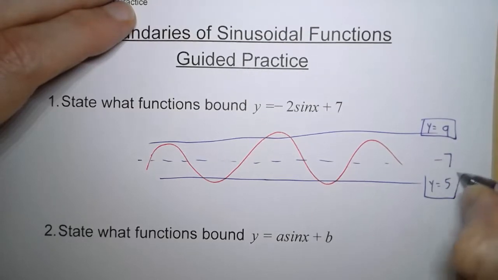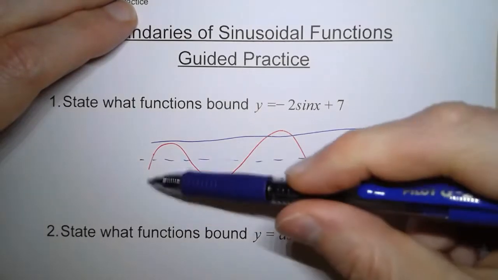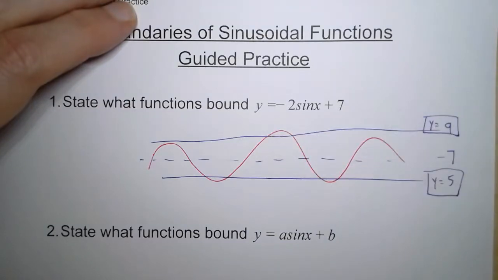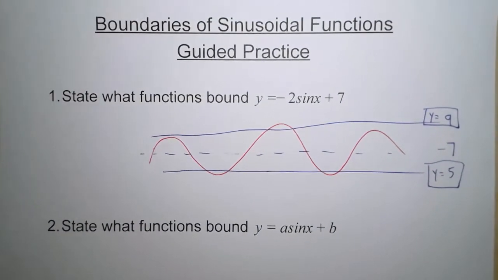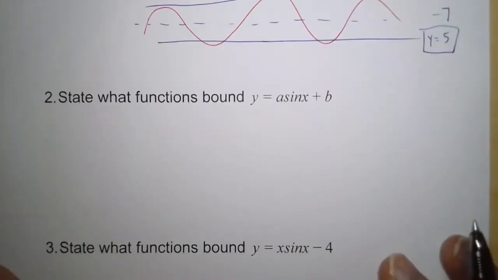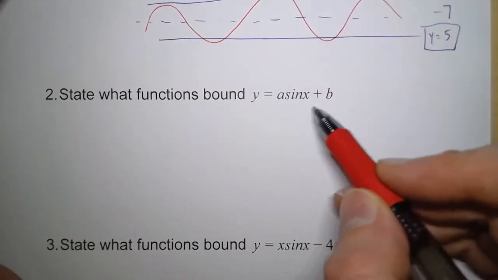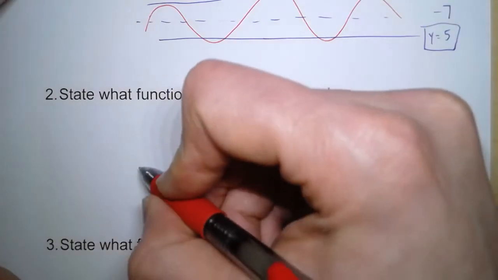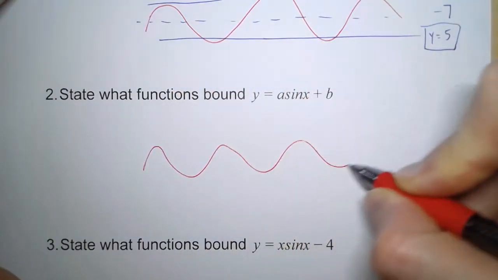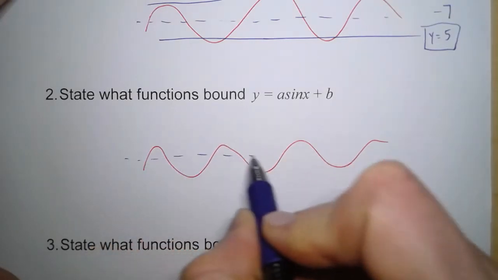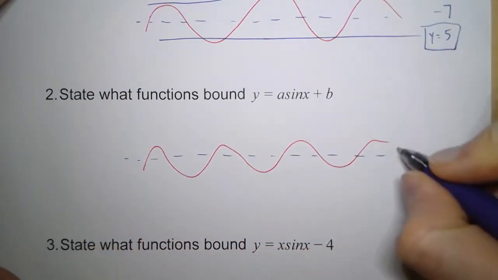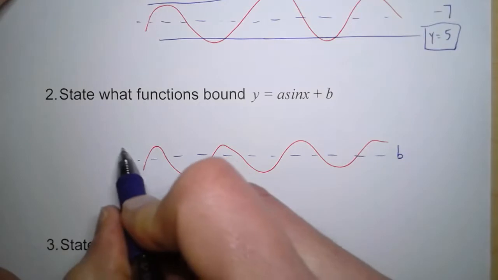If we were to graph the line y equals 9 and y equals 5, this graph would fall in between it. Now what we can do is generalize that rule to here, where we can say, well, what if it's a sine of x plus b? So we still have our graph, and our vertical shift is b, and our amplitude is a.